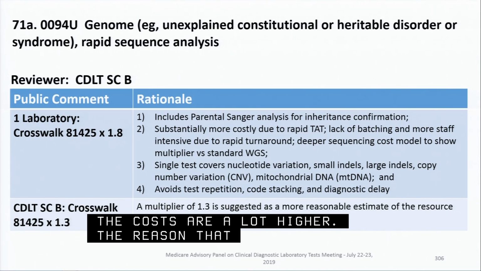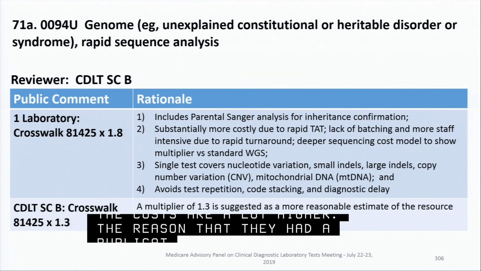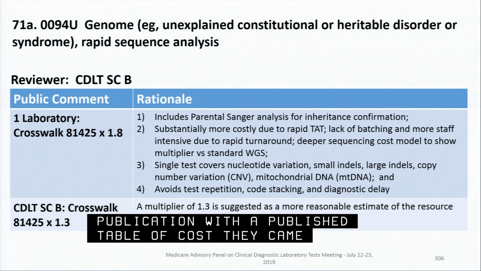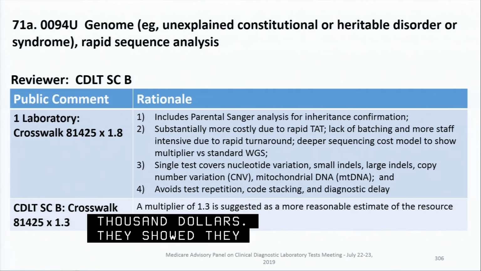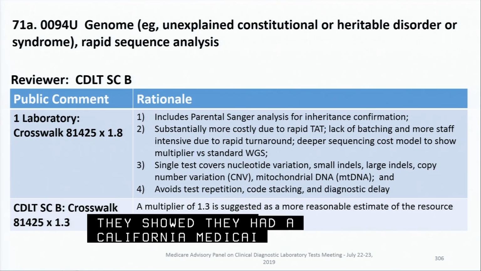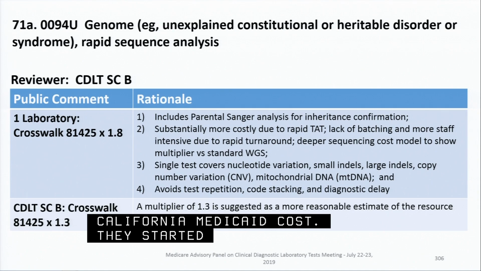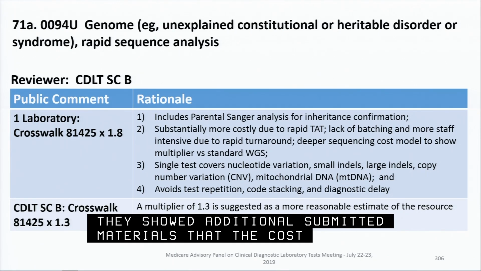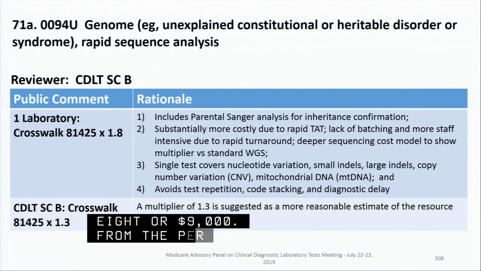They had a publication with a published table of costs that came out at about $8,000. They showed that they had a California Medicaid cost-based audited contract that was about $8,500. And they showed additional submitted materials that the costs worked out to $8,000 or $9,000. So from the perspective of a proposer, they proposed a valuation that would match all of their cost data.